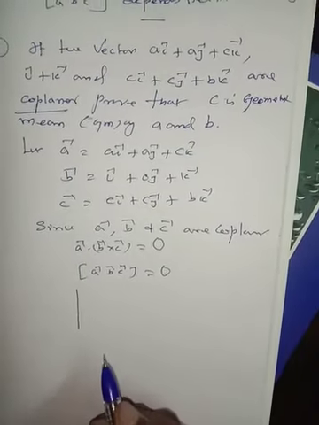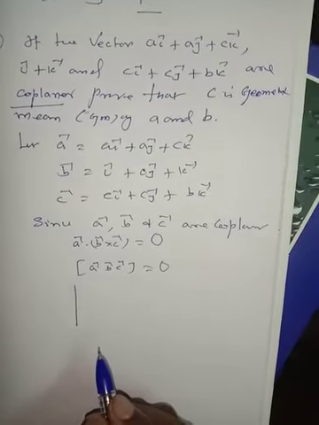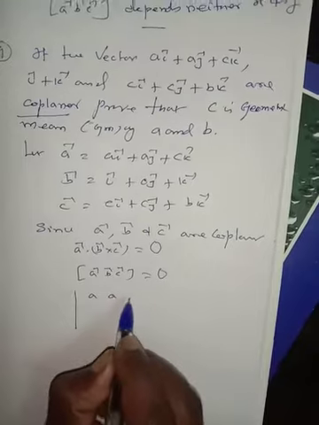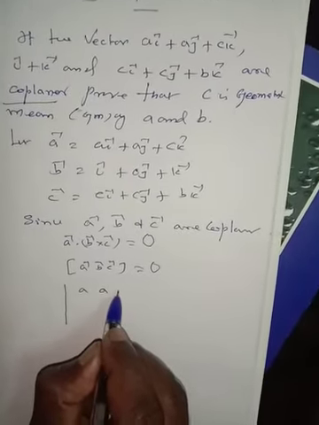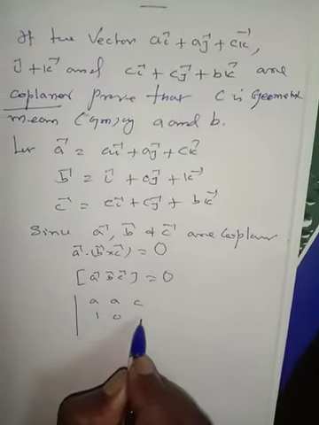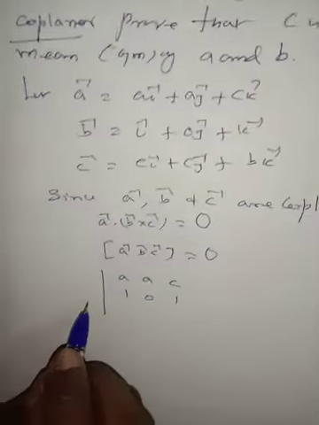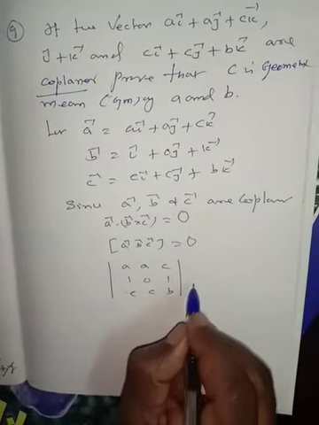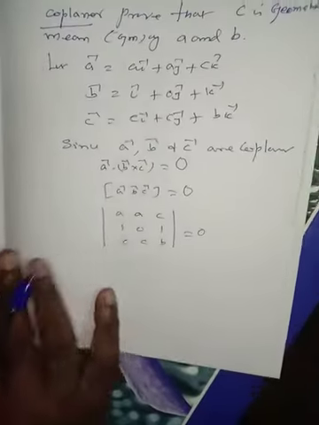This means take the first vector A vector, the coefficients of i j k are a, a, c. Next 1, 0, 1. Next c, c, b is equal to 0.